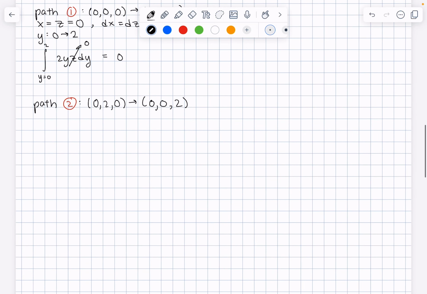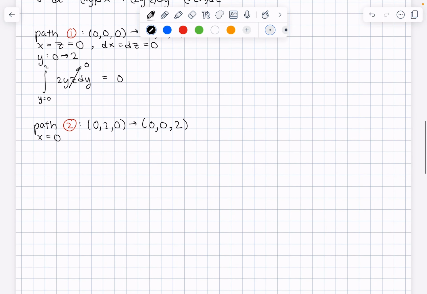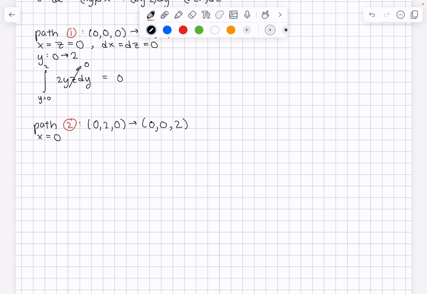And now here we can see that, again, x will remain constant at 0, but both our y and our z are going to change.